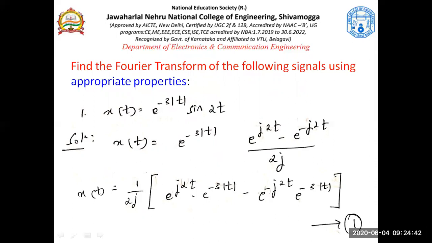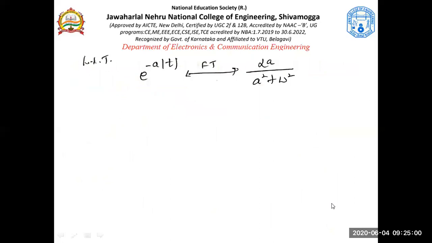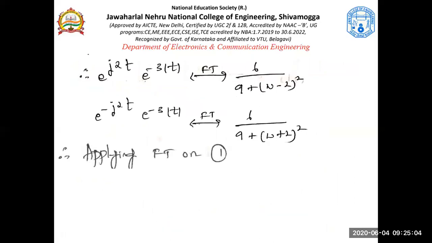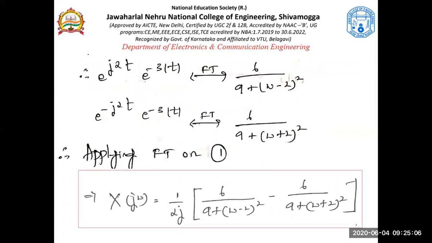So applying Fourier transform on equation 1, what happens? This would become x of j omega. This is a scalar. By linearity property, this can be kept out, and we can apply the transform on this, for the result of which we already have. So applying Fourier transform on equation 1 would result in this. Very simple problem.